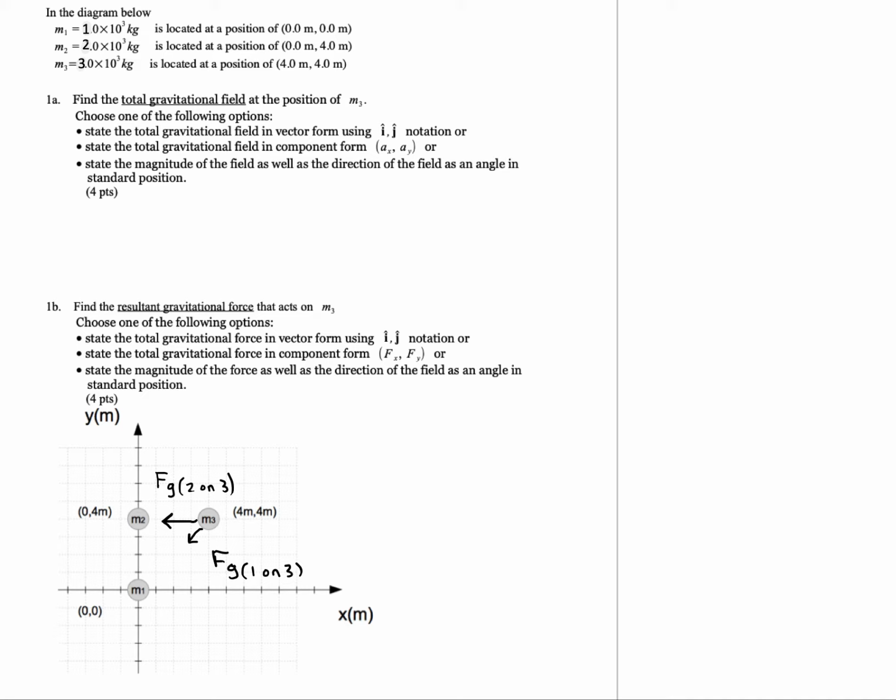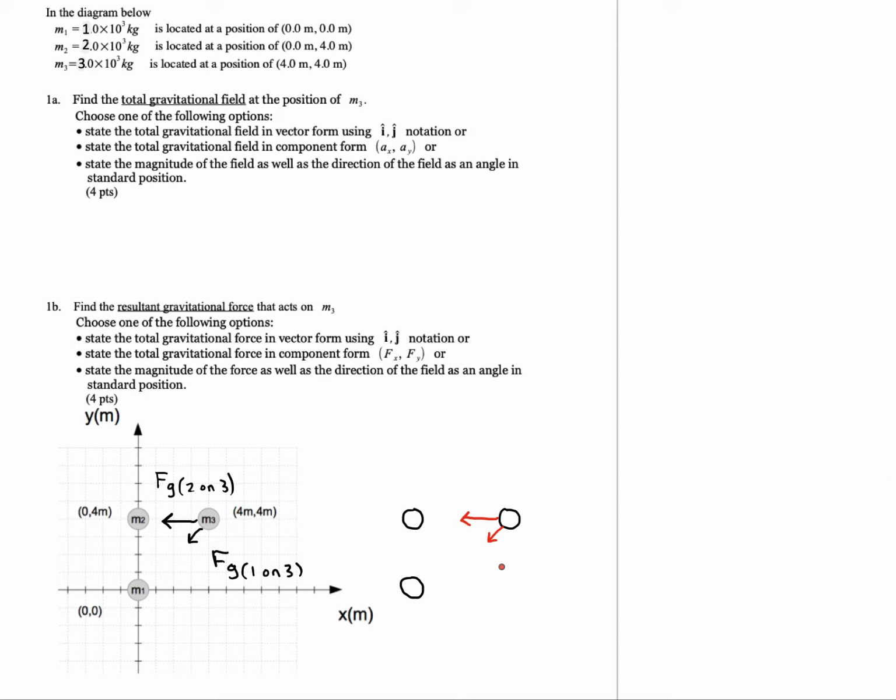Okay, but those are gravitational forces. We also have an idea called a gravitational field. And there's just a subtle difference between the two concepts. So I'll show the differences. We're still going to have vectors for our gravitational field, which point the same way as the force vectors. But they are not forces.